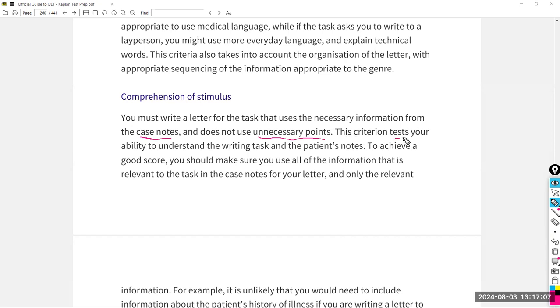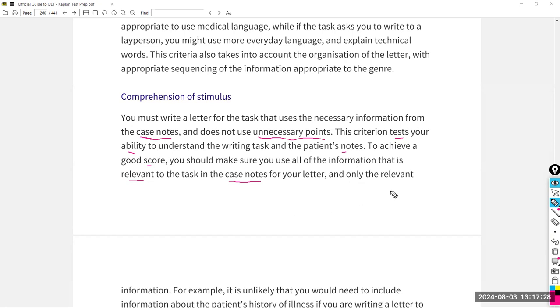This criterion tests your ability to understand the writing task and the patient's notes. So to achieve a good score, you should make sure you use all the information that is relevant to the task in the case notes for your letter.